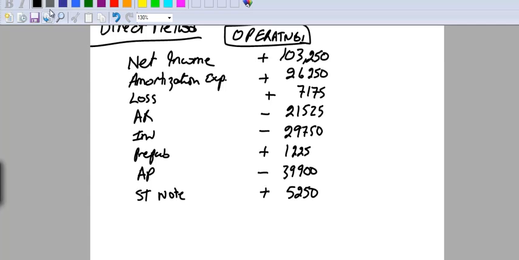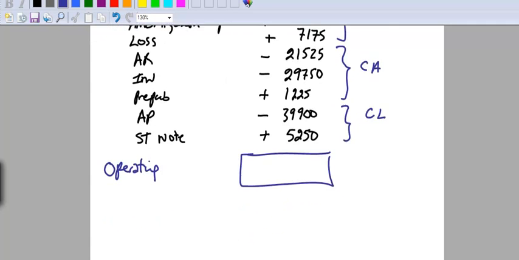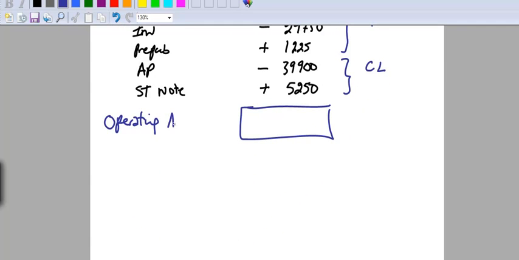So if you take a look, the indirect method provides you with data from the income statement, provides you with data on your current assets, and data from your current liabilities. I'm going to pause, I'm going to add these numbers up, and this is going to be my cash from or to operating activities.